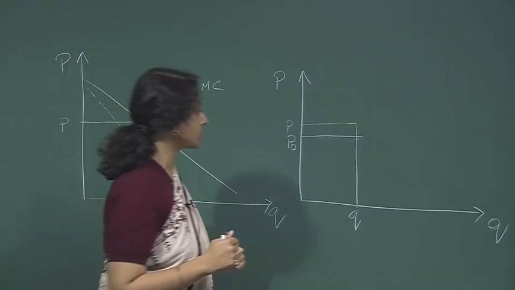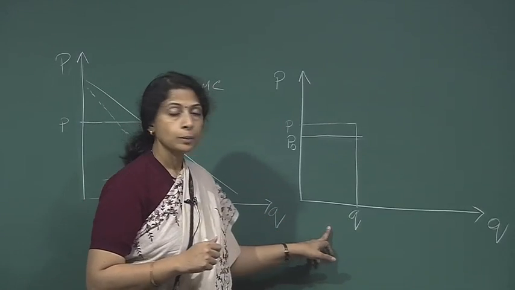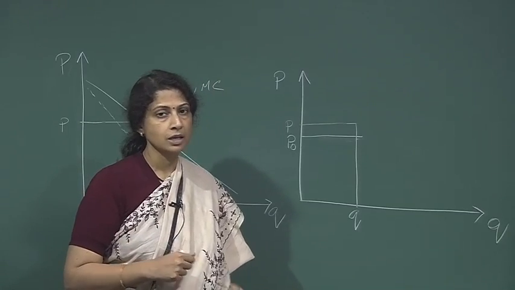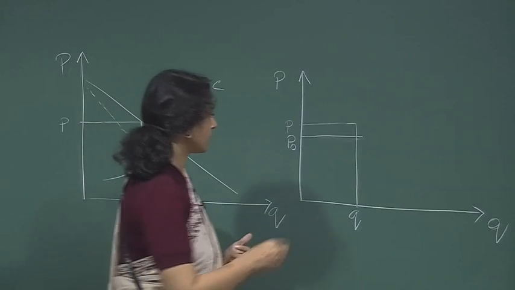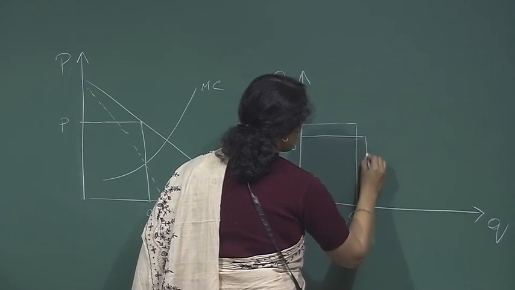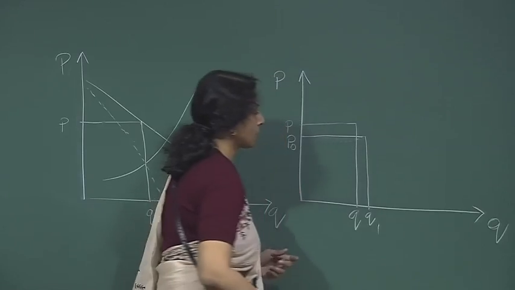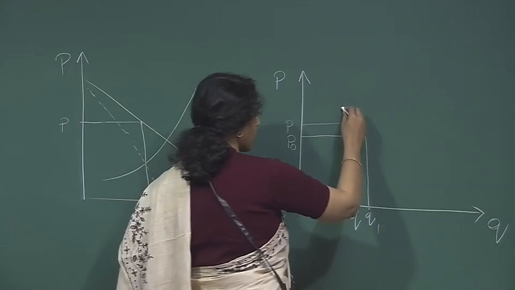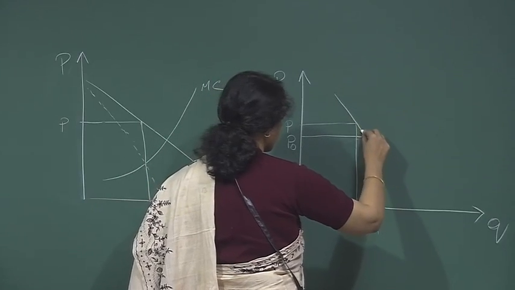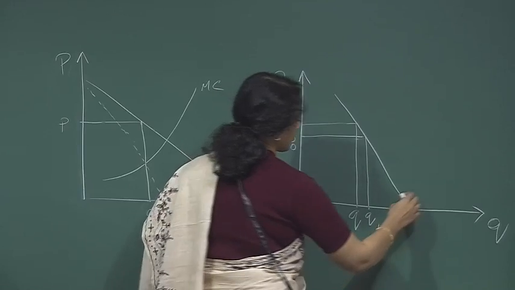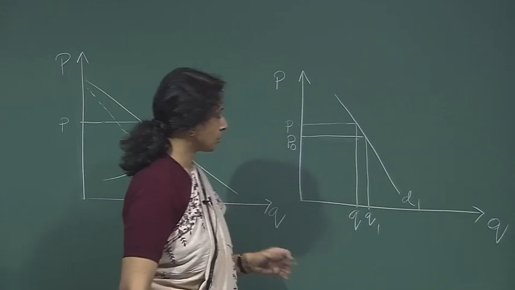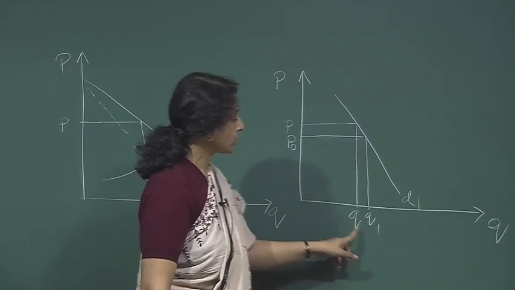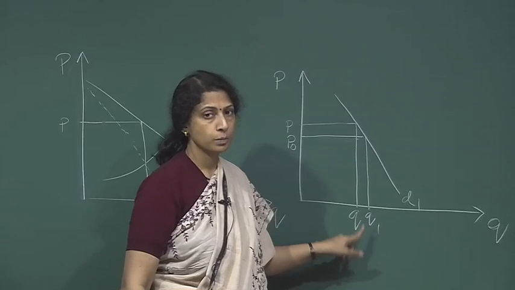Hence, the firm which had hoped to increase its output by reducing price cannot increase it too much. The increase in output will be very little, say from Q1 to Q2, because all the other firms have also reduced their price. So the demand curve for this firm now looks like this, which is a steep demand curve, which means that if the firm is to reduce the price, the rise in quantity is not going to be much.